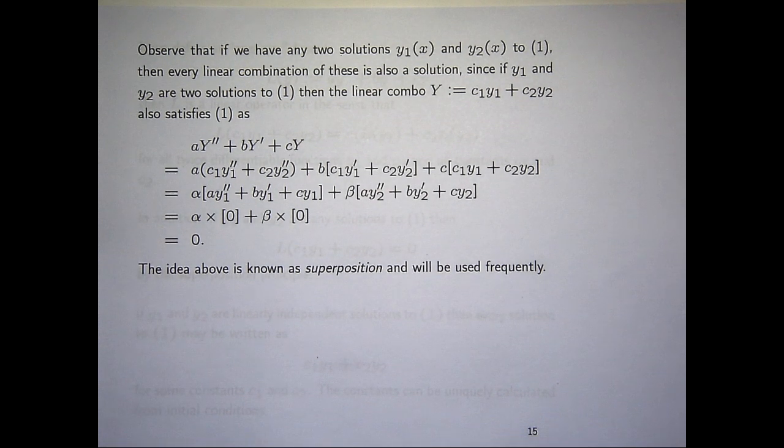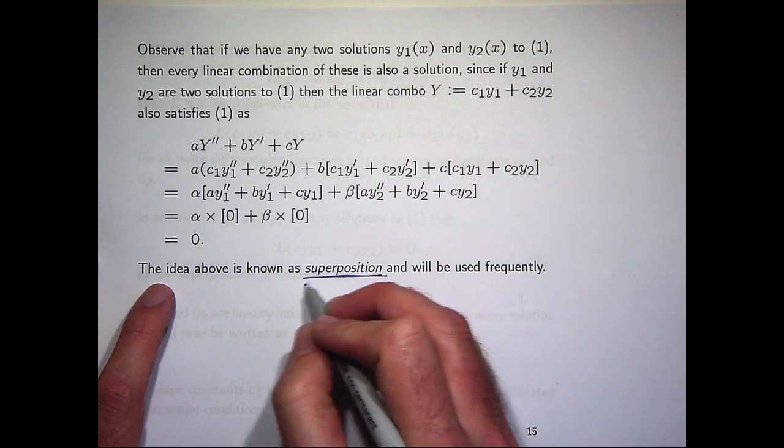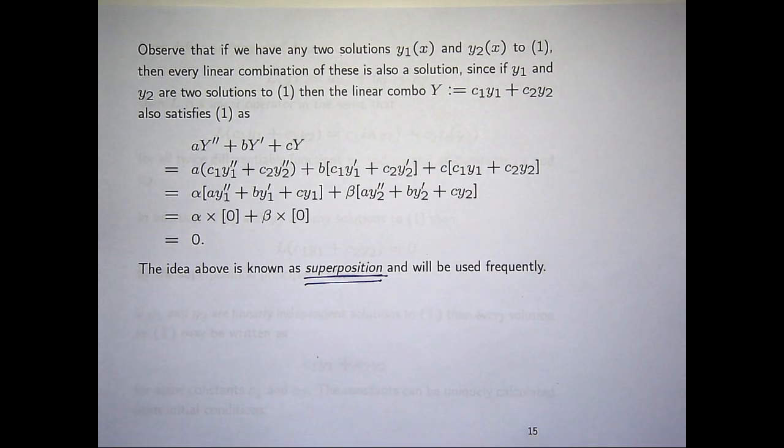All right, so if we have two solutions to our ODE, then every linear combination of these is also a solution. I've sort of proved that here. Now, this kind of idea is known as the principle of superposition.